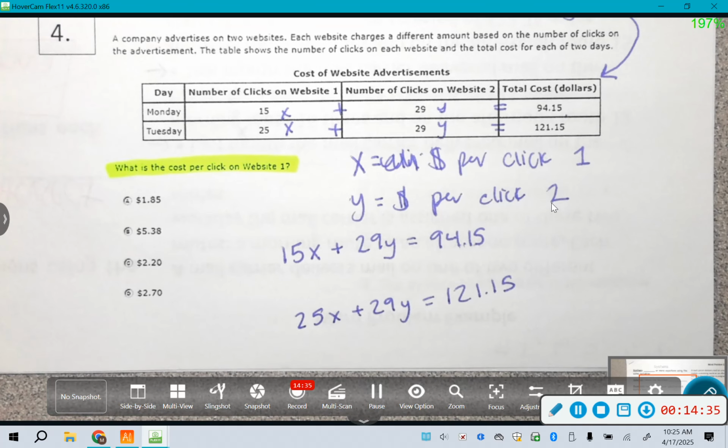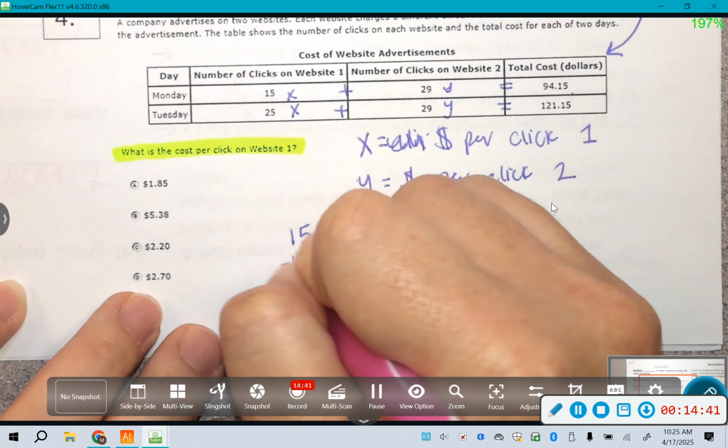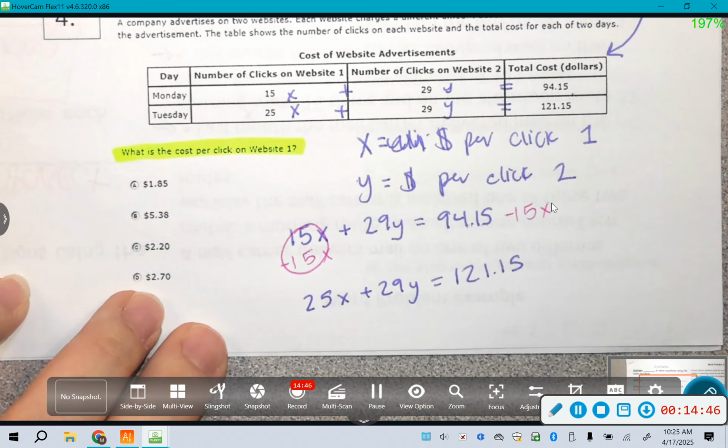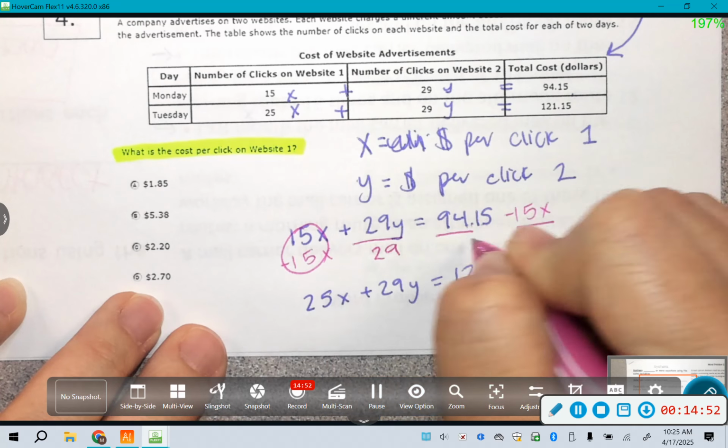So knowing that, can we solve them for Y and type them in our calculator? Yes. So how am I going to solve this first one for Y? Minus 15x on both sides. Oh, you might have said the bottom one. Sorry. And now what? Divide by 29. Do I need to simplify?